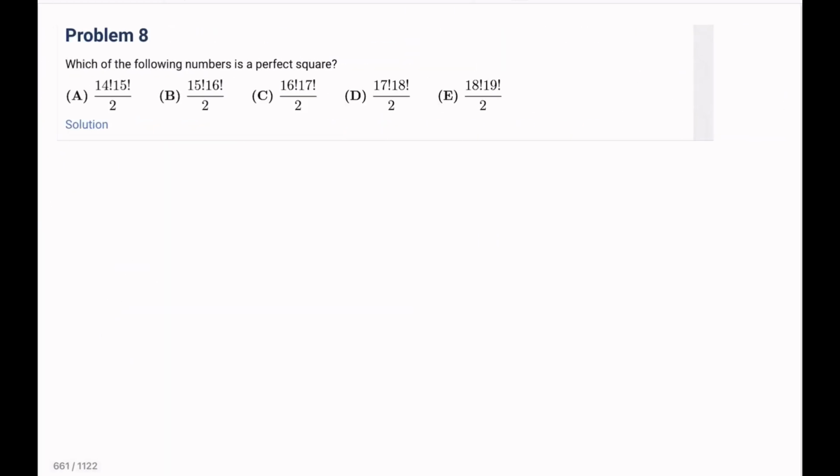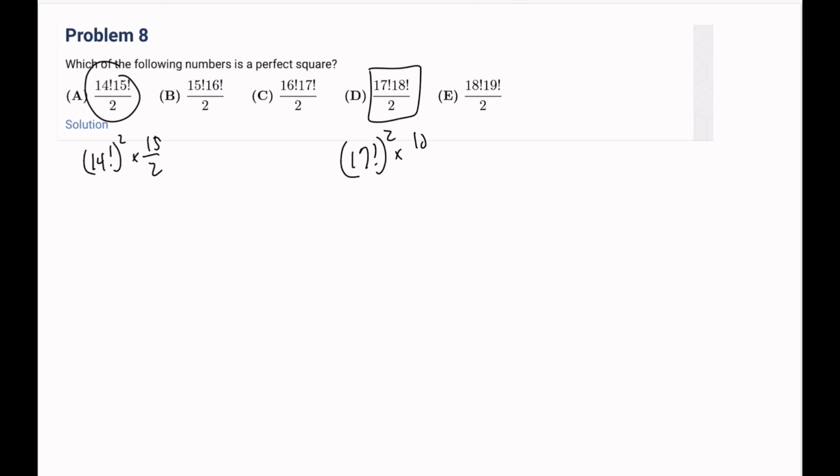Number 8, which of the following numbers is a perfect square? Looking around at these, we see that this is 14 factorial squared times 15 over 2, and the same goes for all of these. And we can see that this is 17 factorial squared times 18 over 2, right?